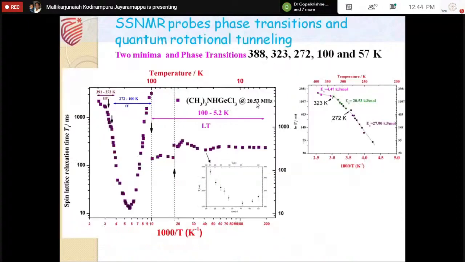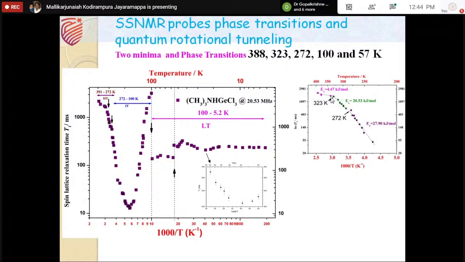Here, I have taken trimethyl ammonium germanium chloride, and we have made spin lattice relaxation time measurements as a function of temperature. Please remember, here we varied temperature from around 400 Kelvin to 4 or 5 Kelvin. When we made this measurement, and if I expand only the high temperature region of the spectrum, I could immediately see there is a slope change within this first slope.